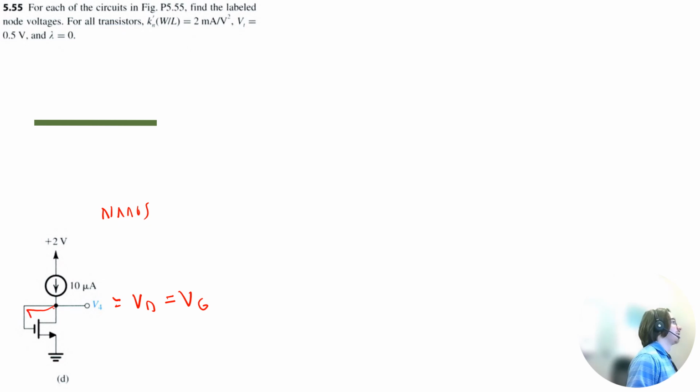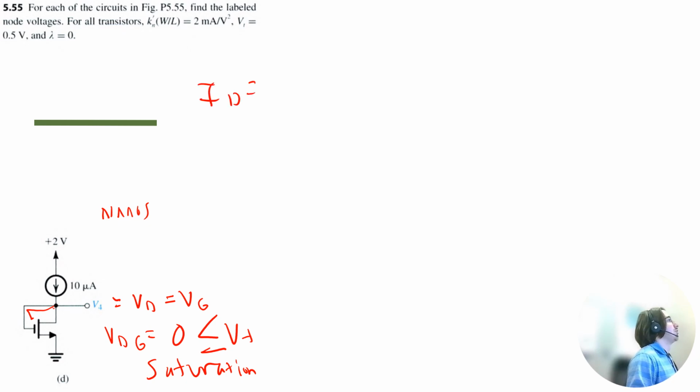You can tell by this wire that the voltage at the drain is equal to the voltage at the gate, which will also be equal to the voltage V4. So that means that the voltage drop from D to G is equal to 0 because they're equal to each other, which once again is less than threshold voltage. So this device is operating in saturation.